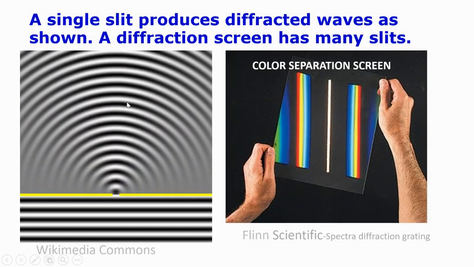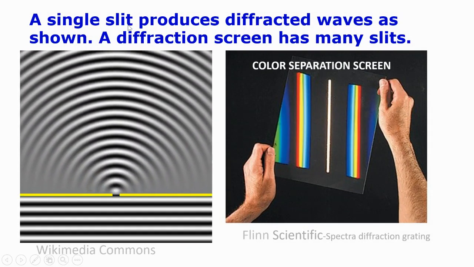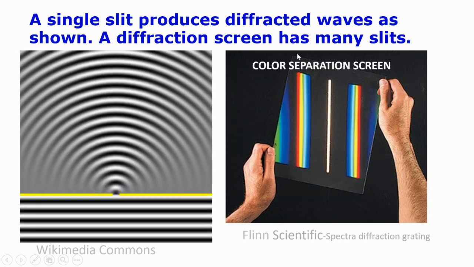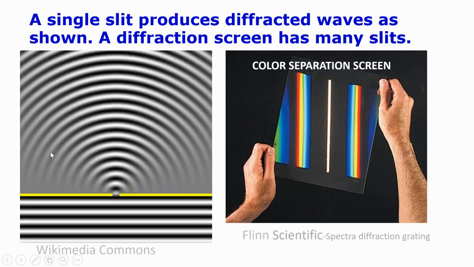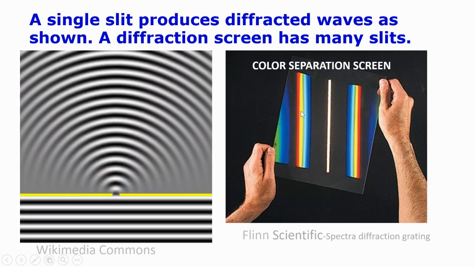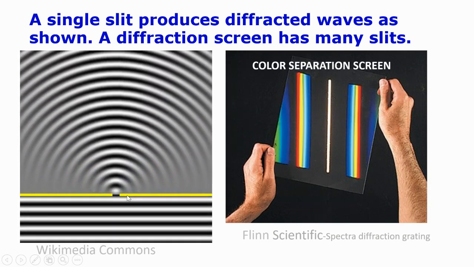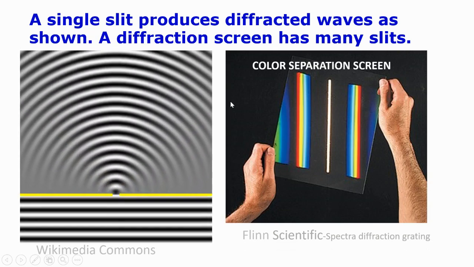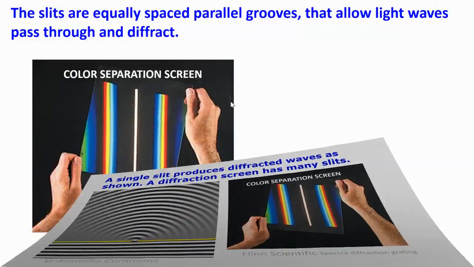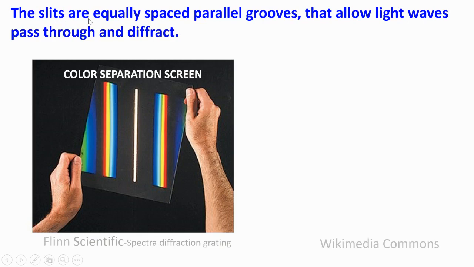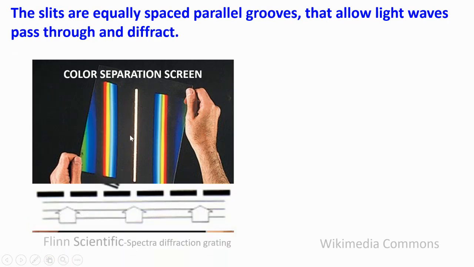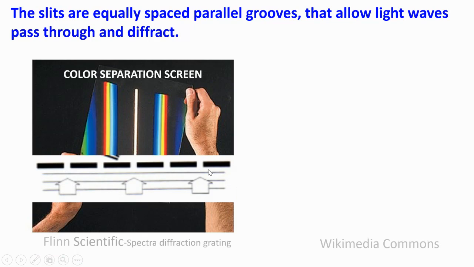To start with, remember that a single slit produces diffracted waves as shown. A diffraction screen has many slits, many openings like this. The slits are equally spaced parallel grooves that allow light waves to pass through and diffract, like this.